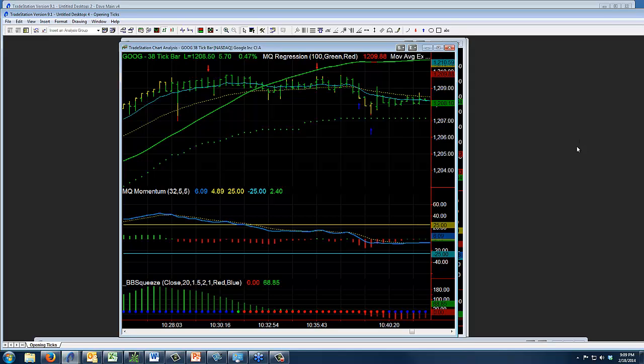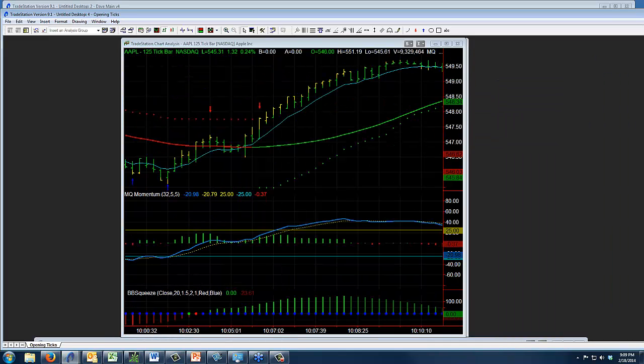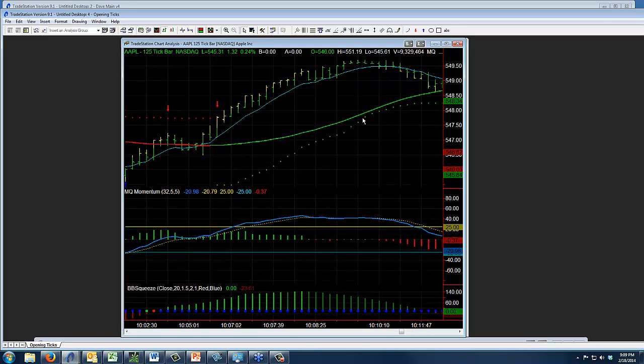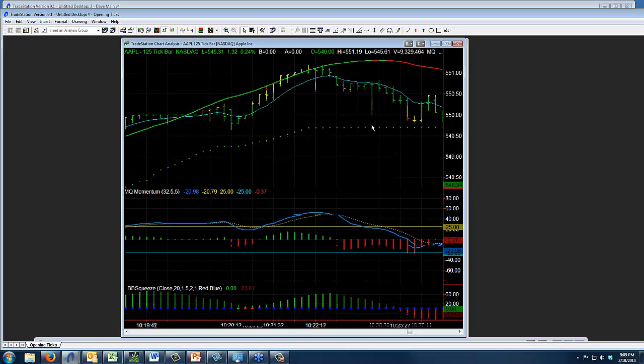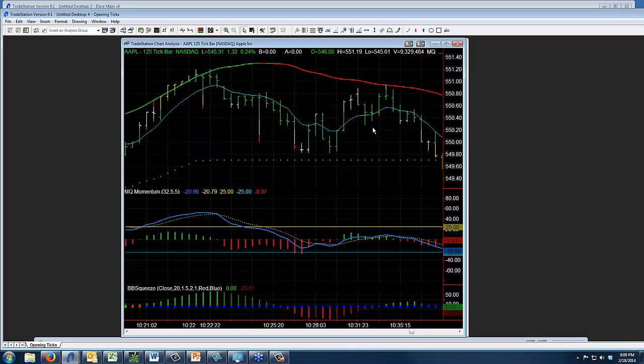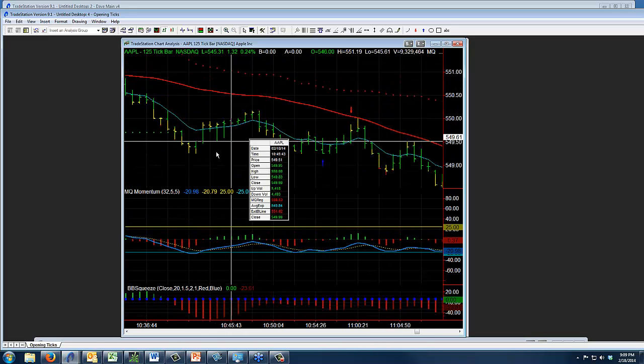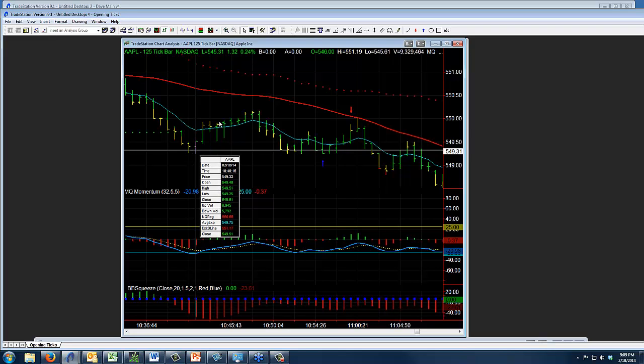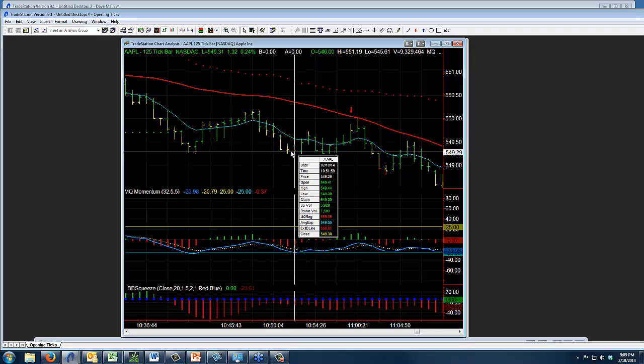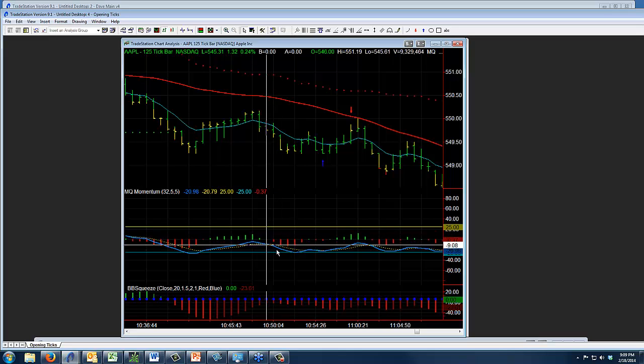And then the last one is Apple again on the 125 tick. This was on the, is it 1050? All right, here we have Apple finding some support, came down, made a low. See the histogram profile?